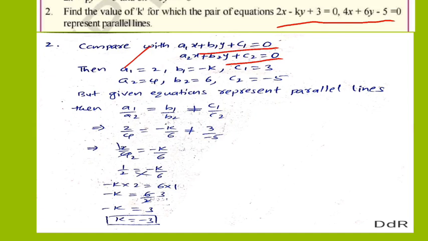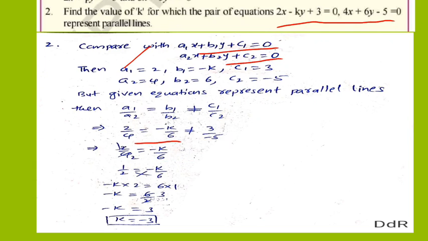So a1 by a2 is 2 by 4, next b1 by b2 is minus k by 6, not equal to c1 by c2, which is 3 by minus 5. Okay, so to find out the k value, we have an equal symbol between these two fractions, then you can find the k value directly. So 2 by 4 is 1 by 2 equals minus k by 6.